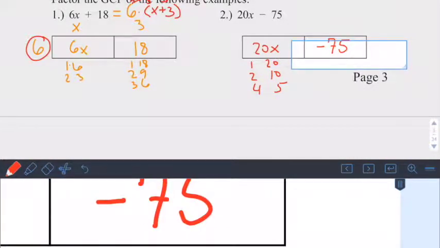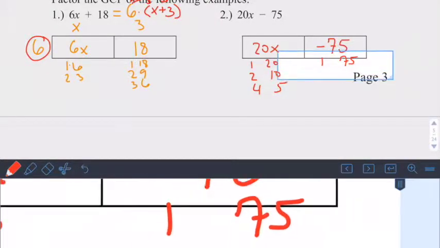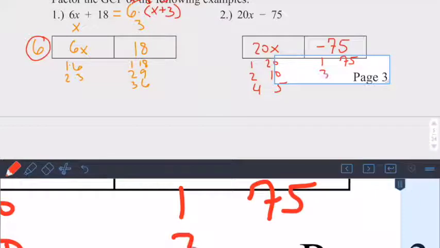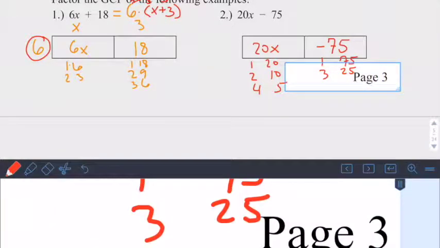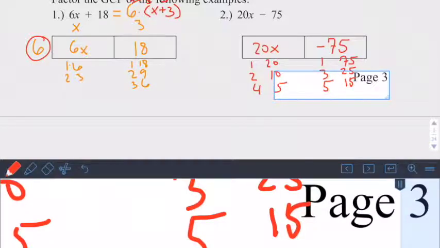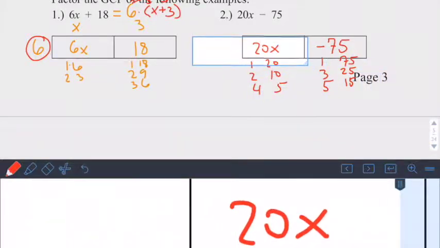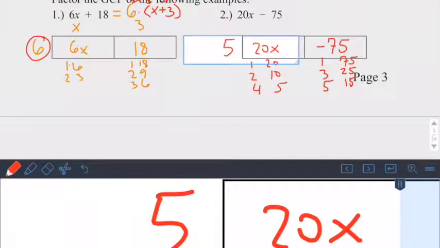And then negative 75, this is 1 and 75. 2 does not work, 3 and 25. 4 does not work, 5 and 15. 6 doesn't work, 7, 8, 9, 10, 11, 12, 13, 14 don't work, 15, we're back at 15. So the greatest common factor is 5, so I'm going to divide 5 out.